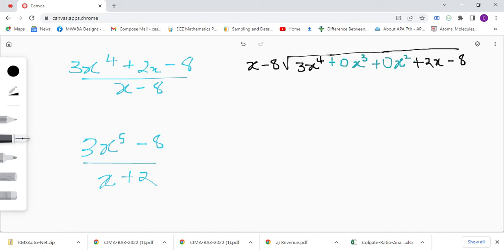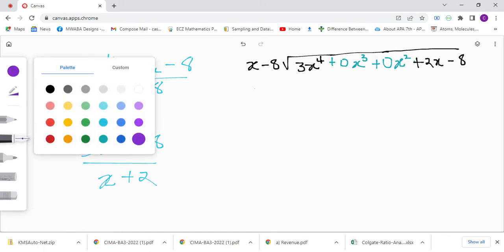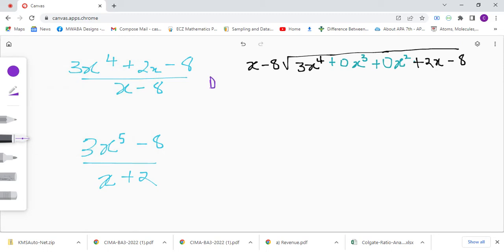All right, so we start our process: division, multiplication, and subtraction, DMS. Step 1, division. Divide 3x to the power 4 by x. We get 3x to the power 3, so we put 3x to the power 3 here.